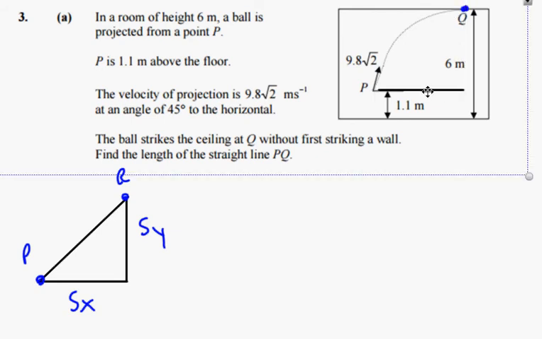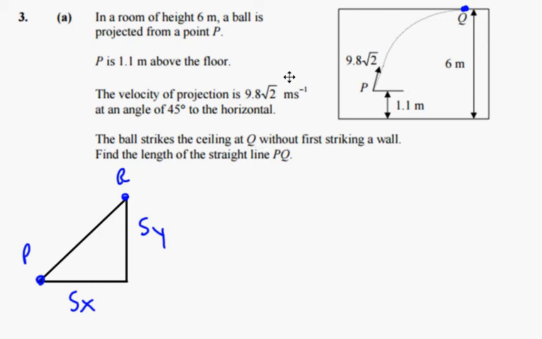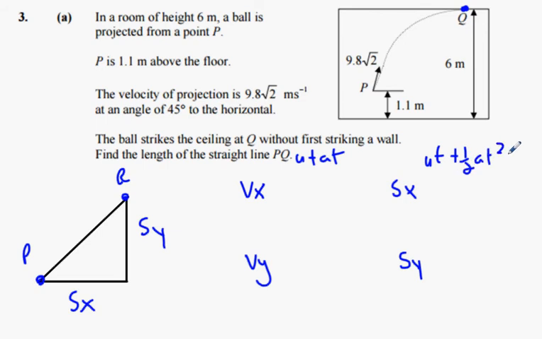Now, how far does it rise? You've got to set up your system. First and foremost, we're going to break up your starting velocity, because we have to do v_x, v_y, followed by s_x and s_y. v following u plus at, and s_x and s_y following ut plus a half at squared.